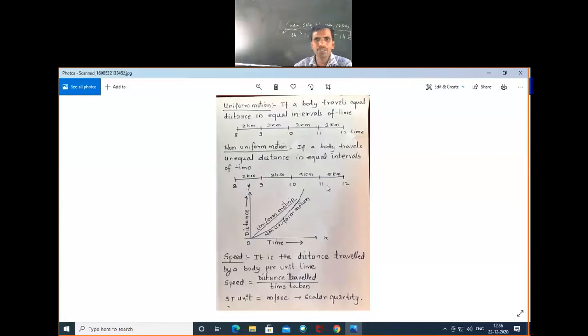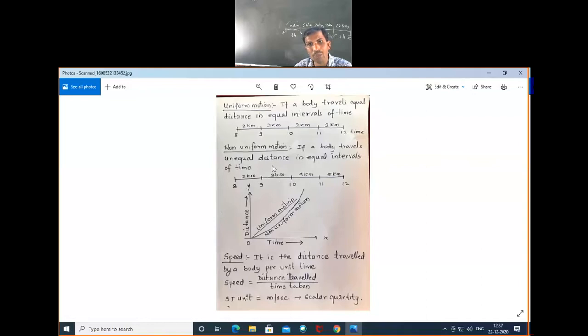So non-uniform motion means what? If a body travels unequal distances in equal intervals of time. I have given one example in this screen share. For traveling 2 kilometers, a person has taken 1 second. Next, for 3 kilometers, the next journey has taken 1 second.